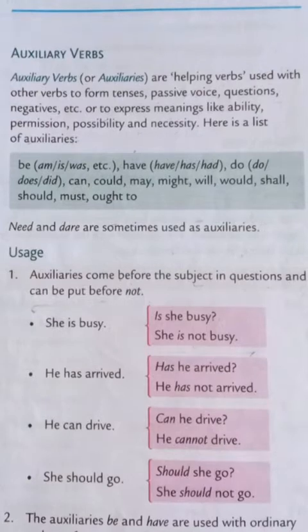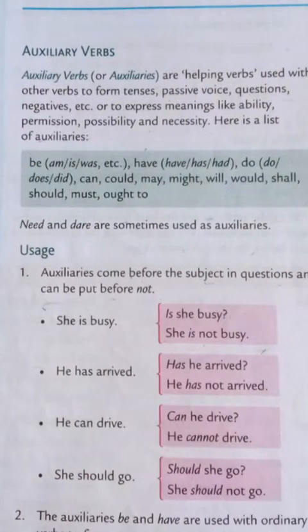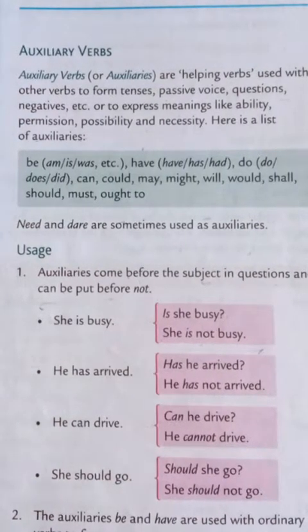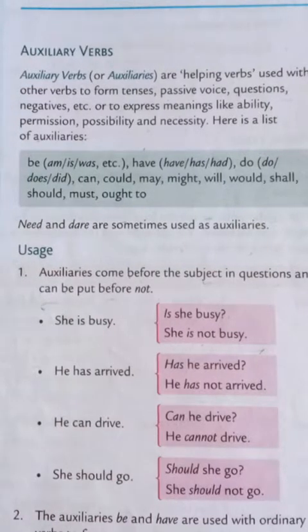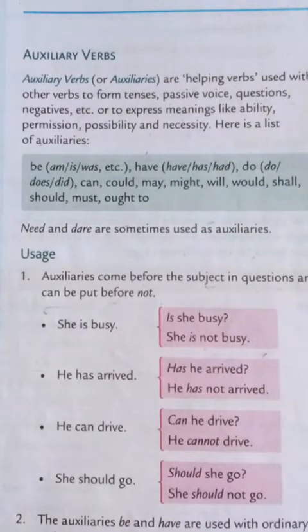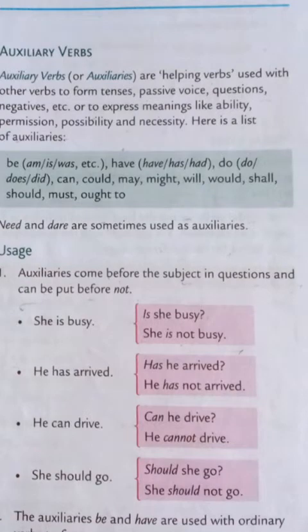Okay, understood? Now the next point is that the auxiliaries be and have are used with ordinary verbs to form tenses.